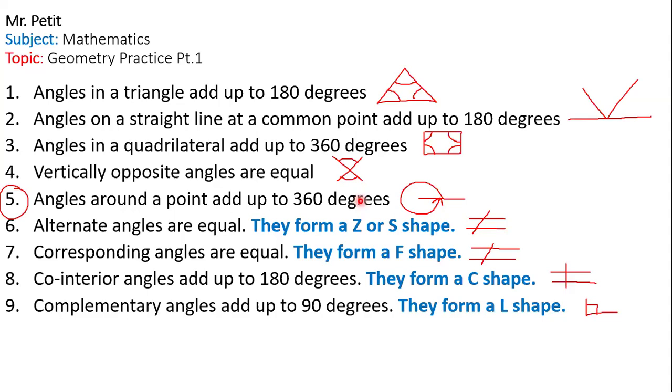Angles on a straight line at a common point add up to what? 180 degrees. Angles in a quadrilateral add up to what? 360 degrees. And angles around a point add up to what?